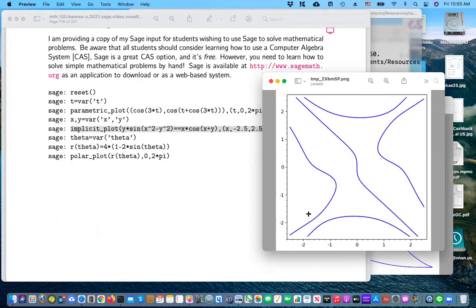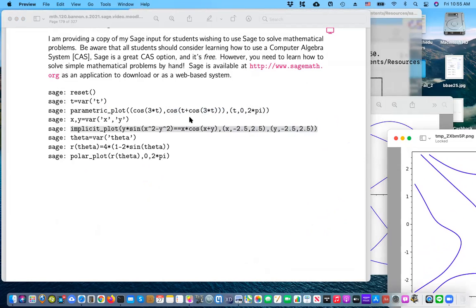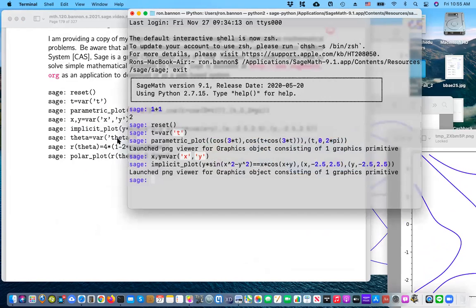I want to point out the x and y axes are not being displayed over here, just the graph. The x axis would be here and the y axis would be over here. We actually did that graph in class with the first graph. Let's do this one over here now. I'm going to go back to my Sage terminal and type in theta as a variable, and that variable is going to be called theta.